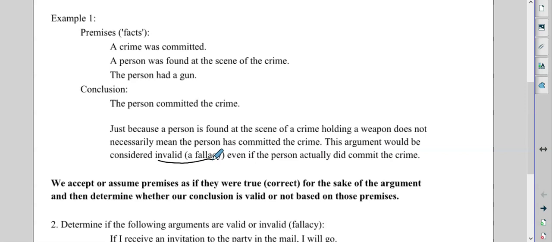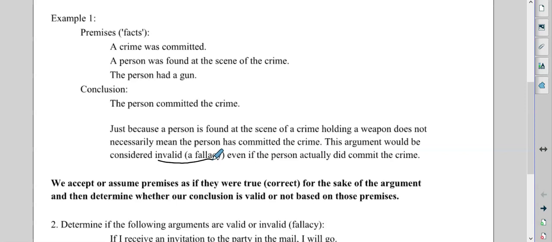So it'd be a fallacy. But it could have been the cops walked in and found the murderer with the gun in their hand still. They are assumed to be guilty, and they end up being guilty. But just because they assume that does not mean it's true or false. All right? So based on that, their argument is a fallacy.